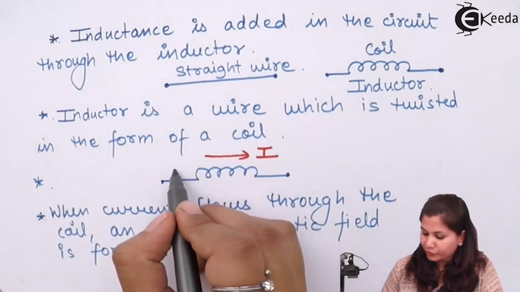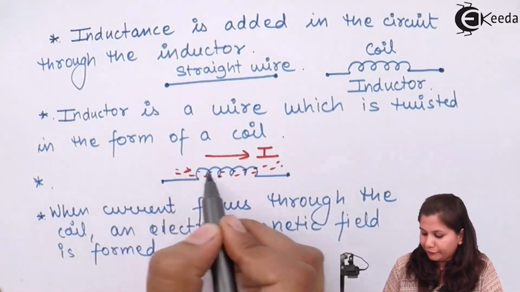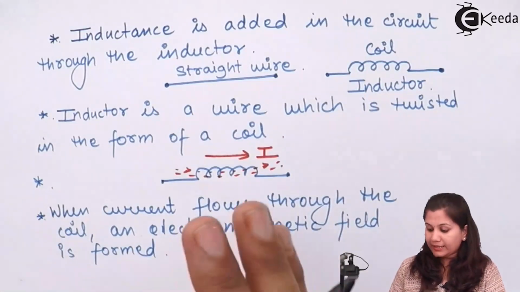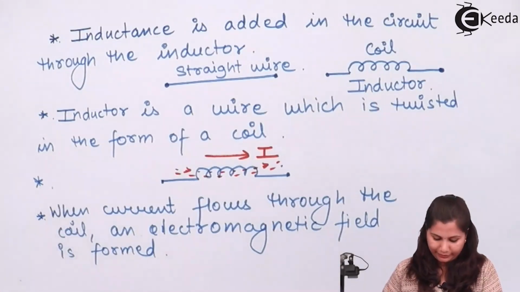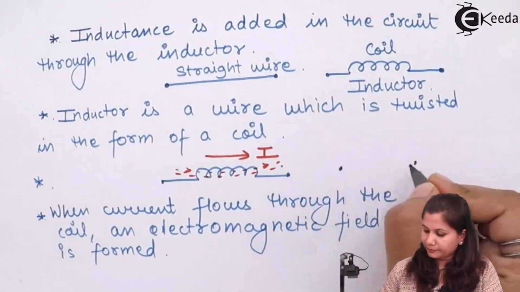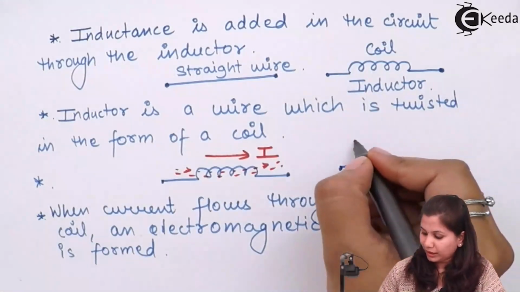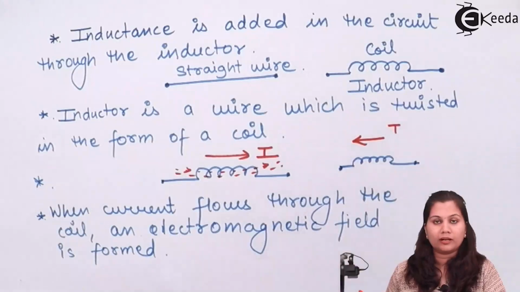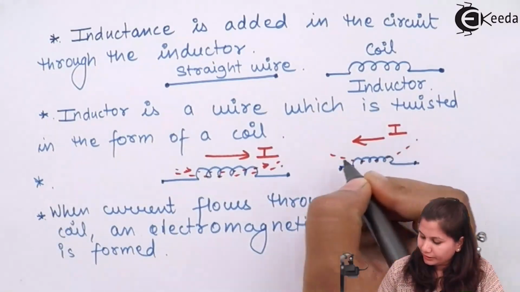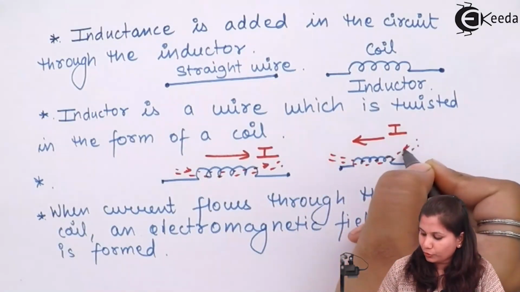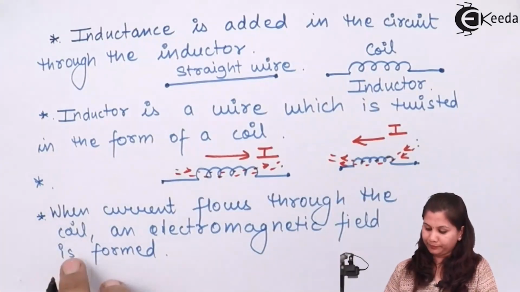Suppose first the field is generated from left to right. Now as the current changes its direction and flows from right to left, the magnetic field generated in this inductor also changes its direction from right to left.